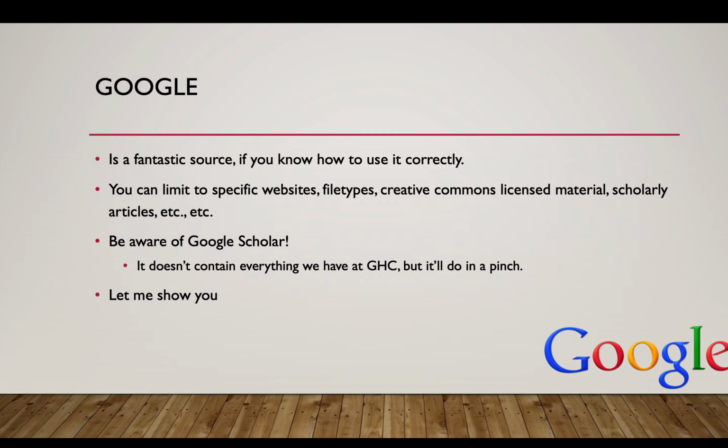It will likely have lots of these sources for you. It's not going to have everything the library has. Like, we go out and we license these things especially for you, knowing what you're learning in your class. We go and we say, this is a good source, so we go out and license it. But if you're in a pinch, or you don't have a library card, or you're not affiliated with the library, or your account doesn't work, Google Scholar works too. So, let me show you Google real quick.